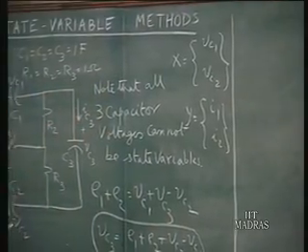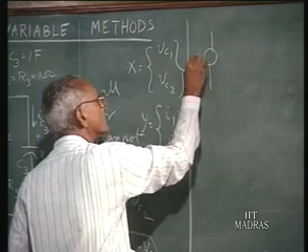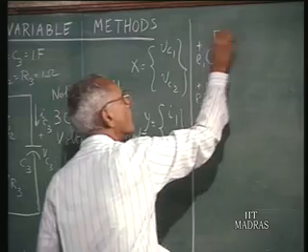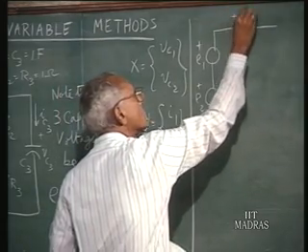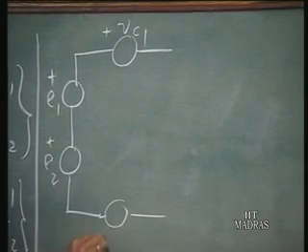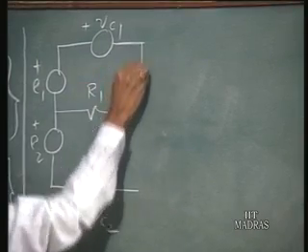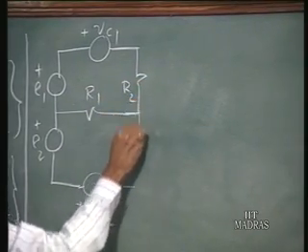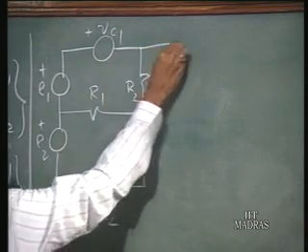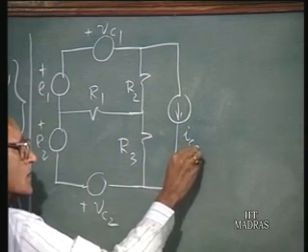To analyze this, according to our usual practice, we have E1 and E2, the first capacitor replaced by a voltage source of strength Vc1, the second capacitor replaced by a voltage source of strength Vc2, and R1, R2 and R3 all of unit magnitude, and the third capacitor now replaced by a current source of strength IC3.